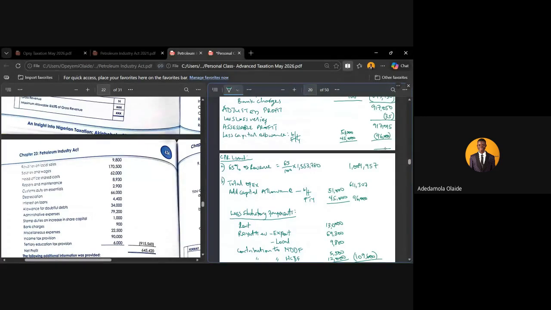So with this, our chargeable profit will be what? Chargeable profit is 821,015.